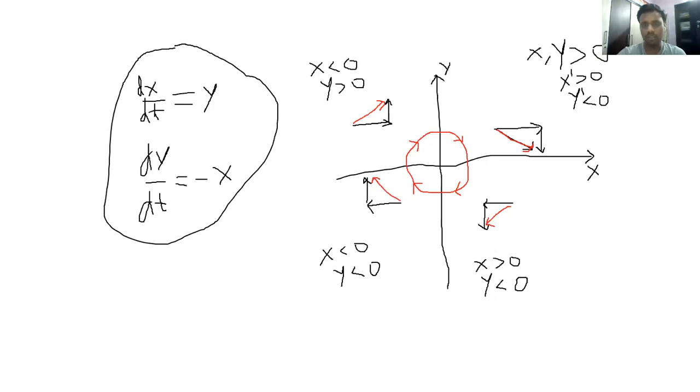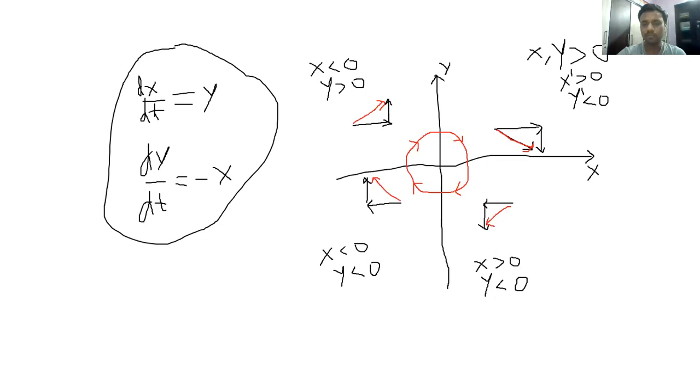So these are known as the direction plot or direction field. Sometimes these arrows represent, without solving the differential equation, what the behavior of the system is. So on the basis of this analysis, we can draw some remarks.